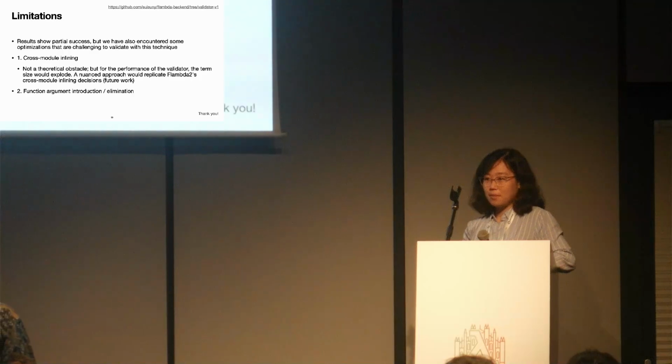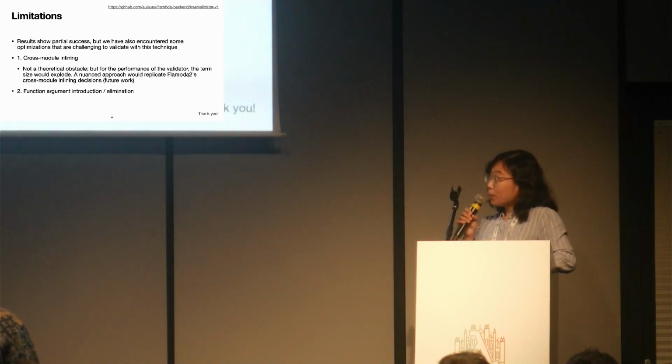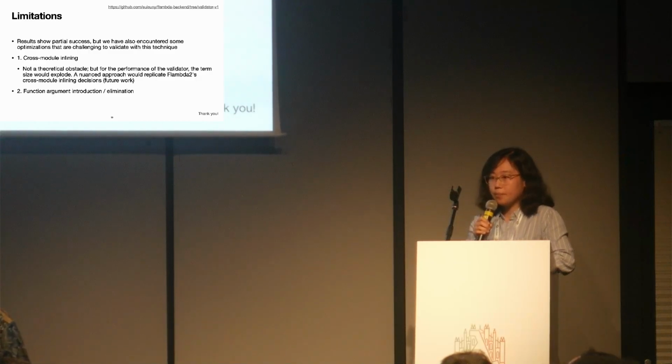And if it did, would it help guide the explosion a little bit to do the validation? Right, so I'm not too familiar with Flambda1, but for Flambda2, perhaps you're talking about the inlining decision tree. Yeah. Yes, Flambda2 does have that as well, and if we were to use that, perhaps we'd prevent more term explosion. Okay. Thank you.